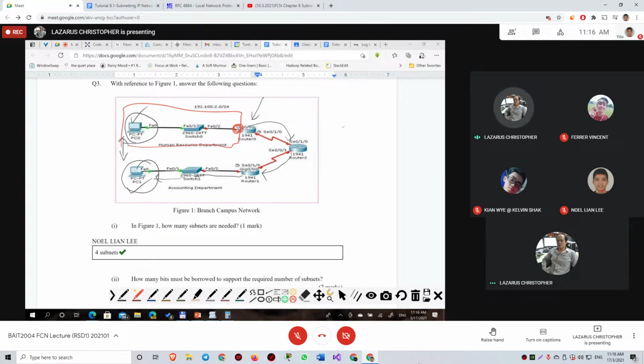So on the router, the interface that connects to this network becomes the default gateway for this network. The address on this interface becomes the gateway address for this host and other hosts inside this network. Because if they want to communicate outside, they need to go through this interface. So this interface address will be the gateway address for the rest of the hosts inside this network.